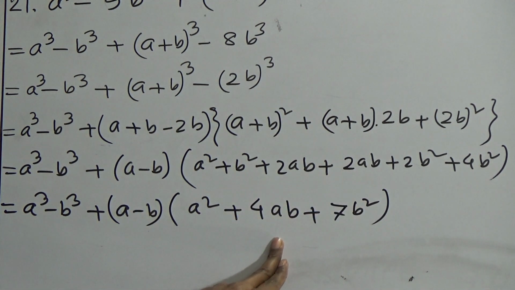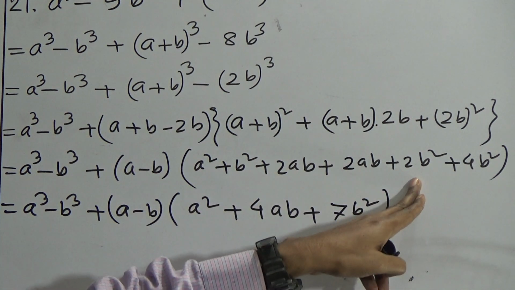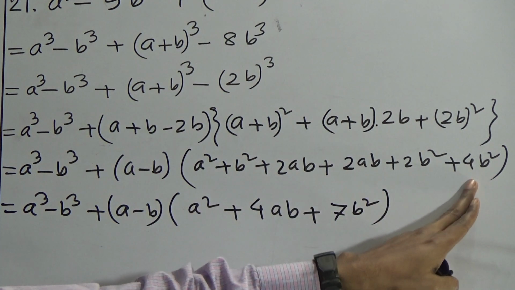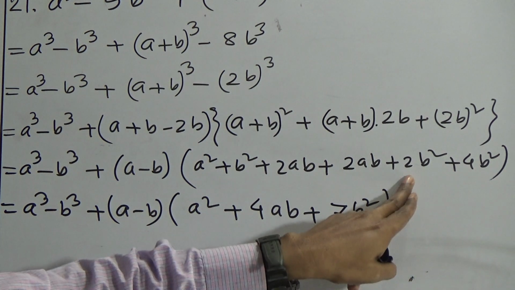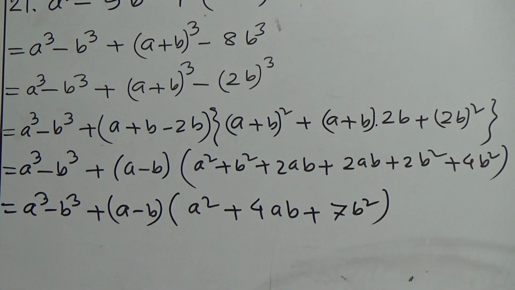Then b square, 2b square, 3b square plus 4: 4 plus 2 is 6, 6 plus 1 means 7b square.